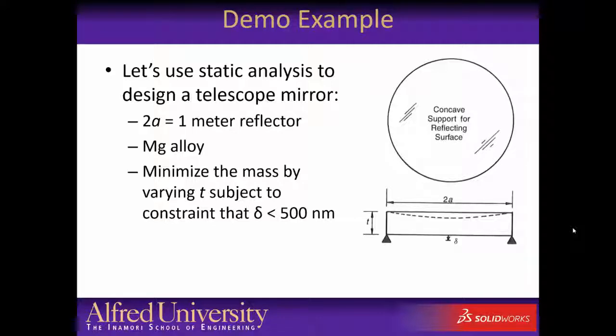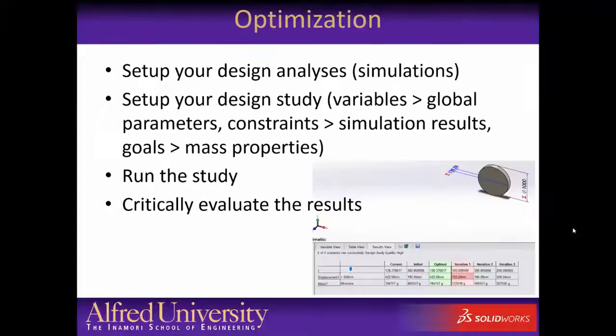So there are a number of steps that need to be set up in order to perform this optimization study. The first step is to set up your design analyses. These are your simulations.